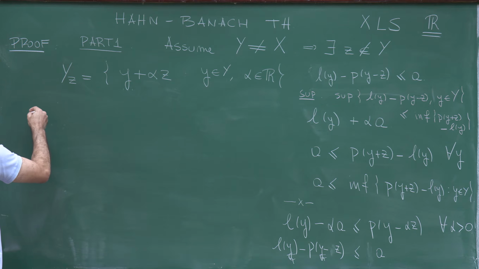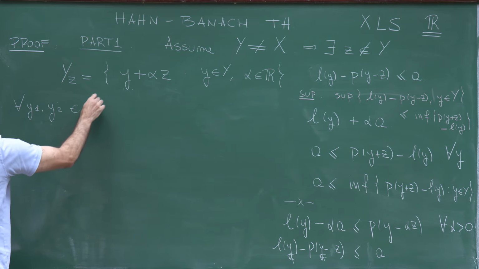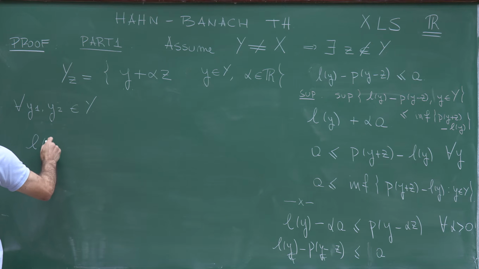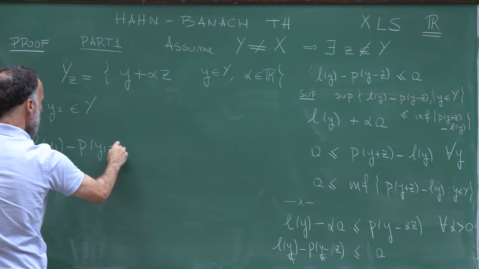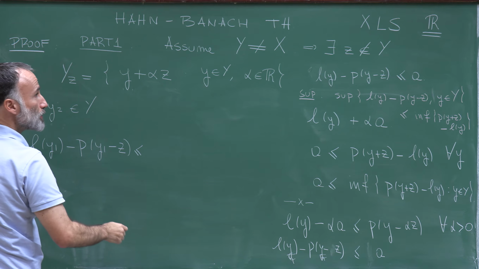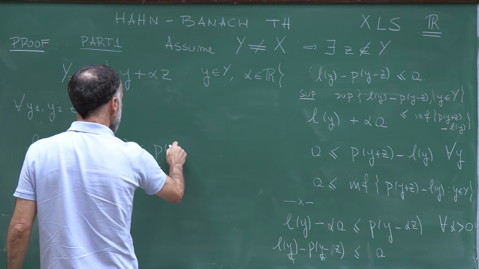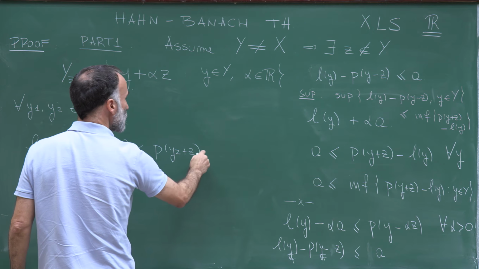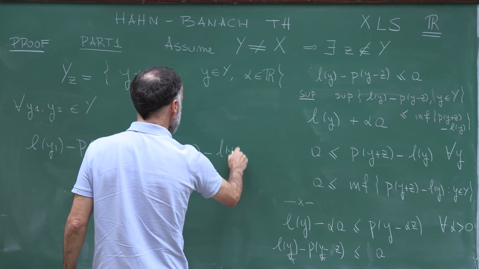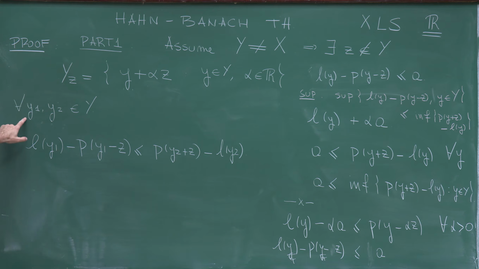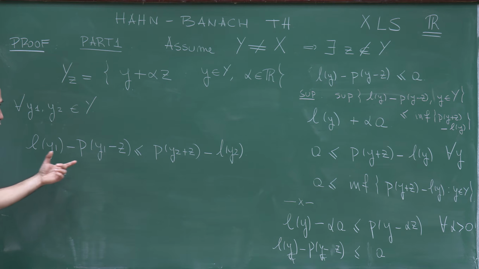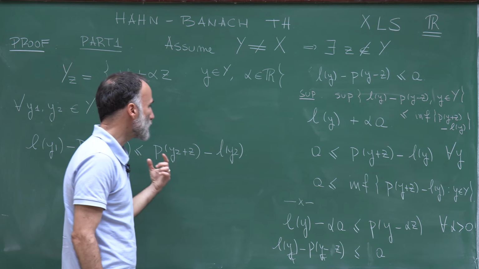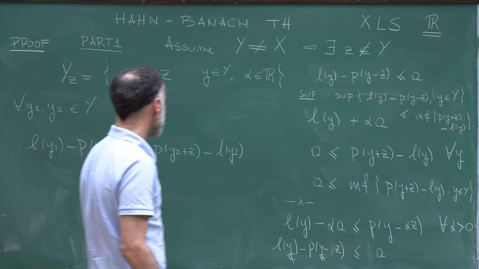So I have to prove that for all y1 and y2 in Y, L of y1 minus p of y1 minus z is less or equal than p of y2 plus z minus L of y2. If I can show that this holds for all y1, y2 in Y, I can take the supremum over y1 on the left-hand side, and the infimum over y2 on the right-hand side, to get this inequality.